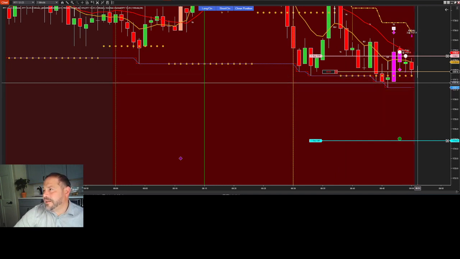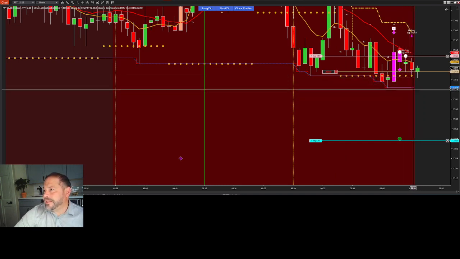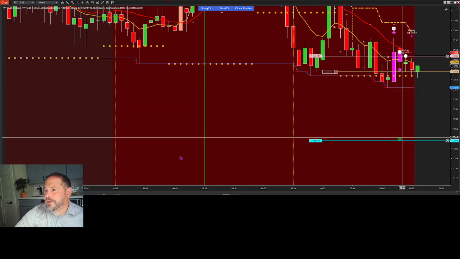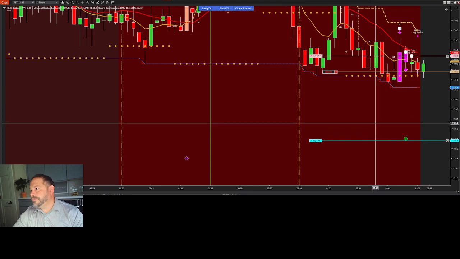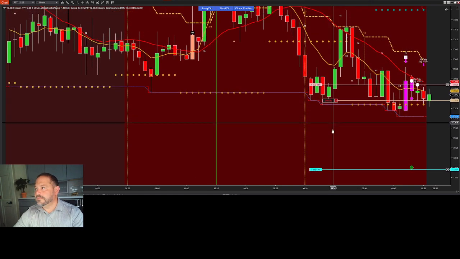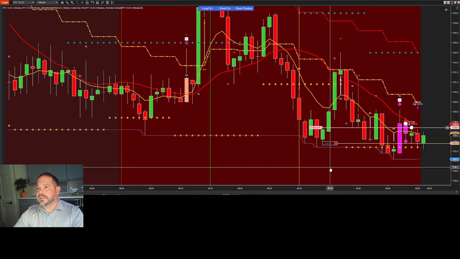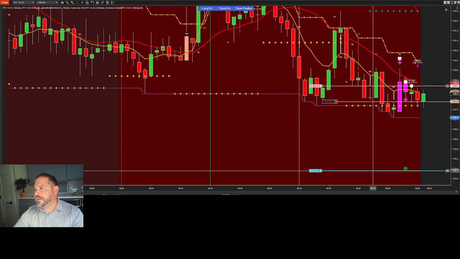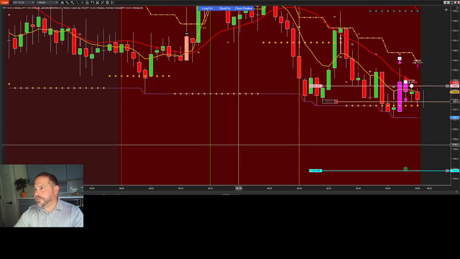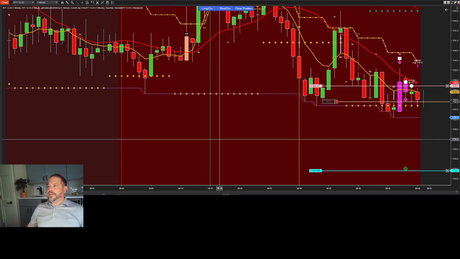If we can break this, yeah, this target might look smart, but that's a pretty aggressive target. So I'm down $40 on the trade right now, back down to break even. Let's see what happens.